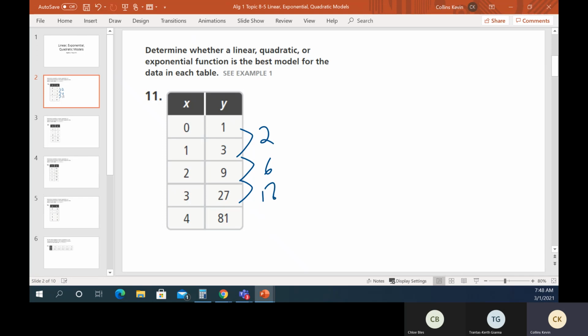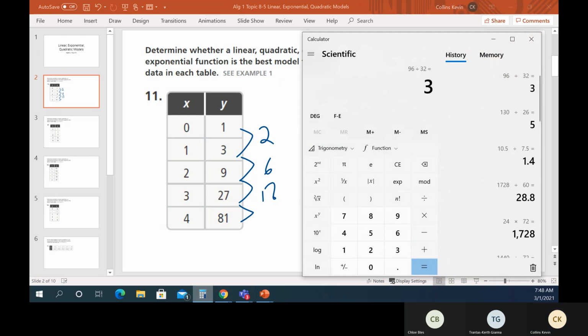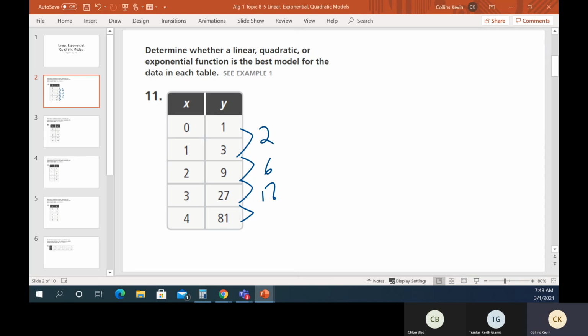And from 27 to 81, hang on, 81 minus 27 is 54. Well, these certainly are not the same numbers, are they? If the first differences kept being 2, 2, 2, 2, then a linear function would work. But this definitely is not a linear function, so we'll cross it off.